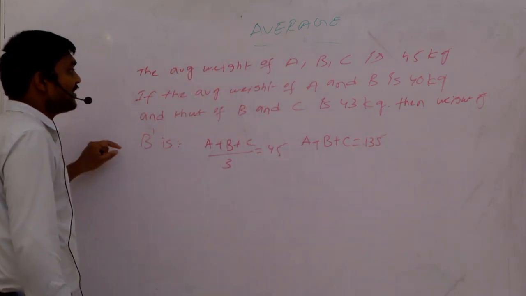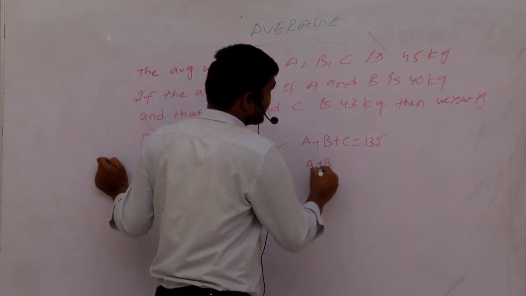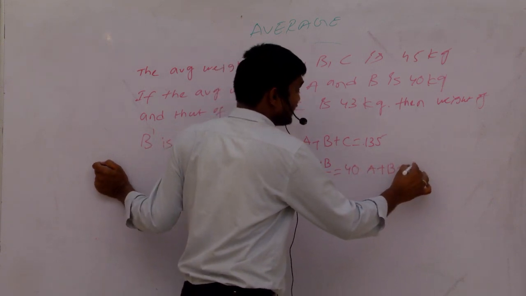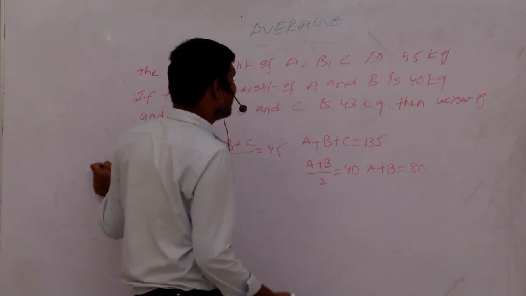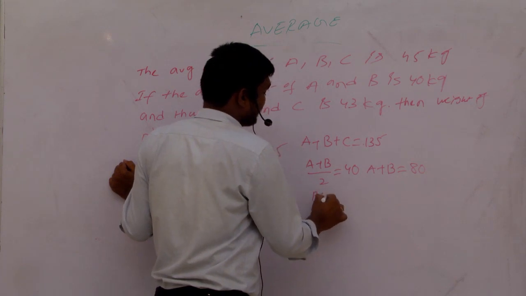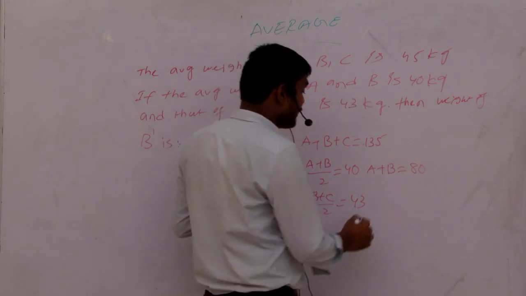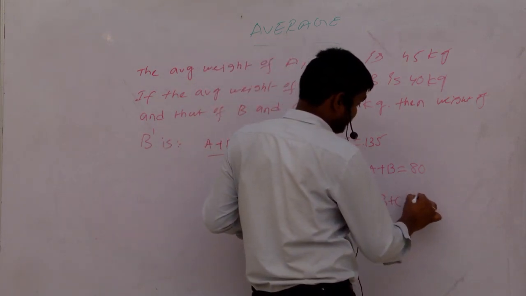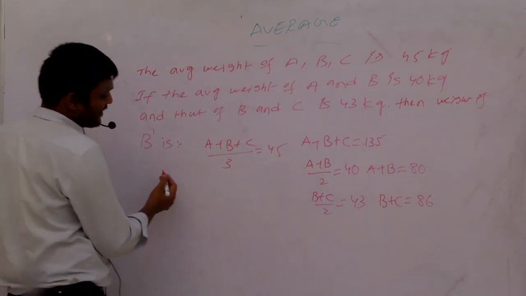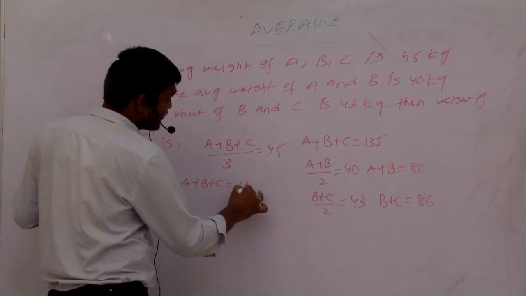But A plus B by 2 is 40, that means A plus B is 80. So B plus C by 2 equal to 43. So that's why B plus C equal to 86. But A plus B plus C equal to 135.